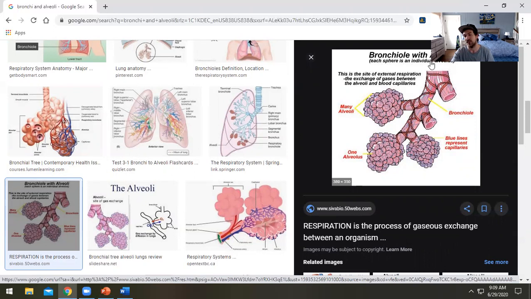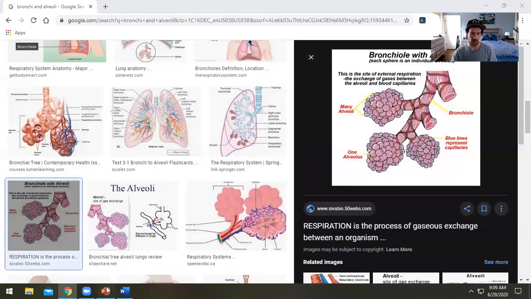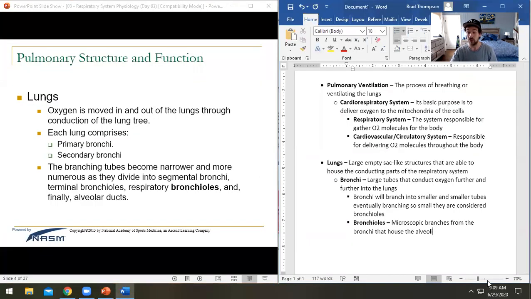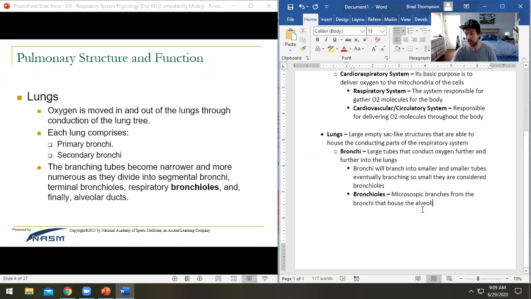So technically you can call this a secondary bronchi, and then finally the individual tube. But there's not a real classification, at least on the level of understanding that we need, right? I'm sure somebody who only studies the lungs for their entire life has even more distinctions. But bronchioles are the microscopic branches, and they end in your alveoli, okay?